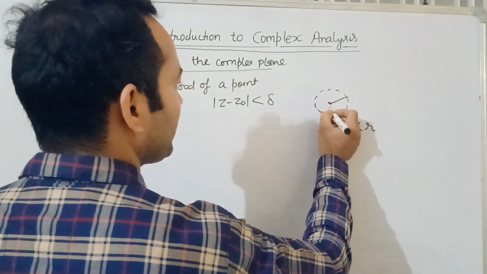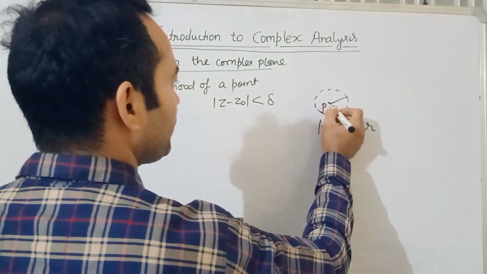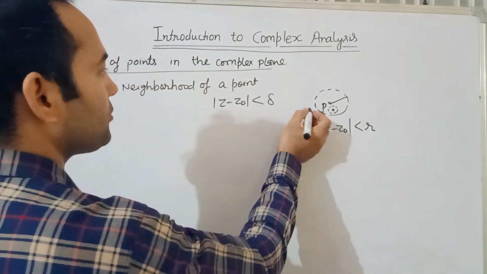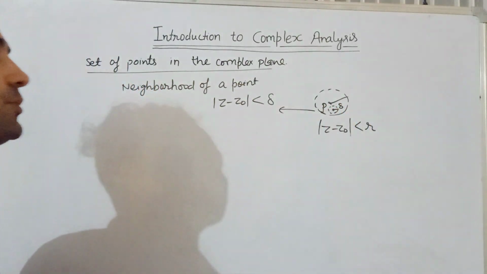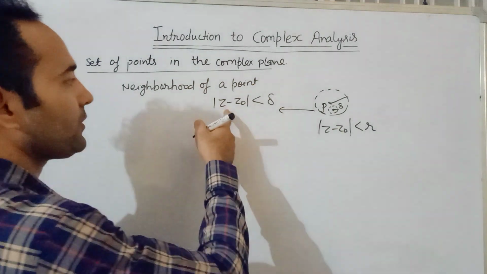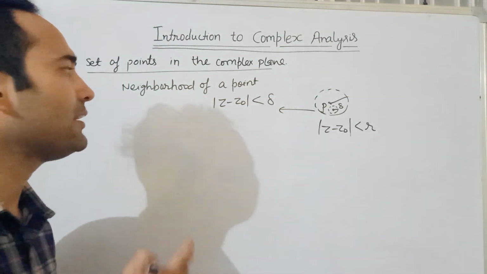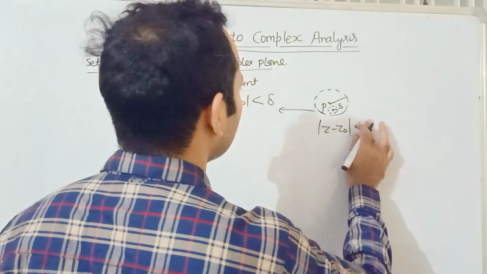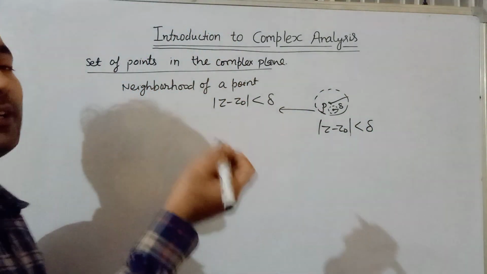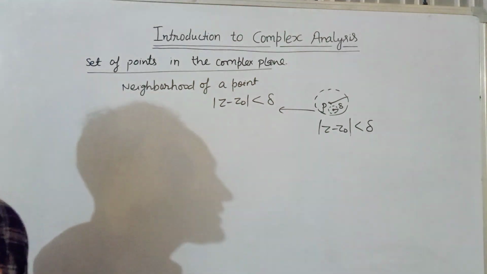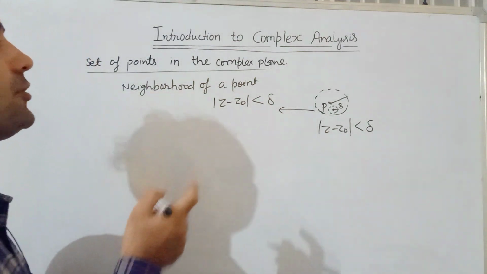If you choose a point P here, whose radius is del, then that point P would satisfy mod of z minus z0 less than del, or instead of this r you can consider directly del. So this open disk of radius del, centered at z0, would be neighborhood of a point.